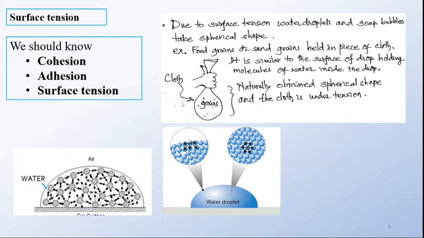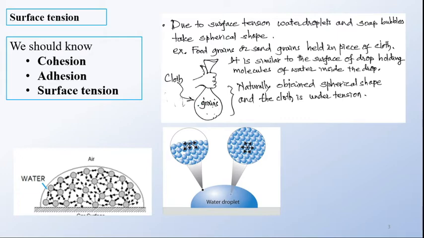So everyone knows this particular phenomenon. We don't try to give a shape, but the naturally acquired shape of grains, if they are perfectly spherical and without much difficulty, obviously they form a perfect spherical shape.